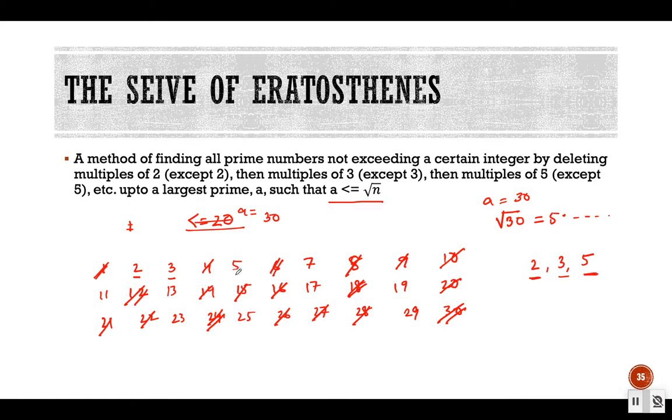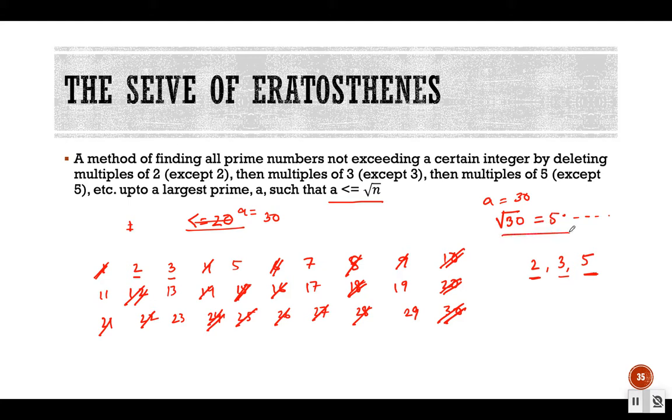We do not delete 5 because 5 is a prime number, but we delete all the other multiples of 5: 10, 15, 20, 25 and 30.